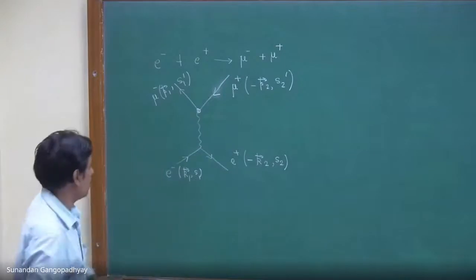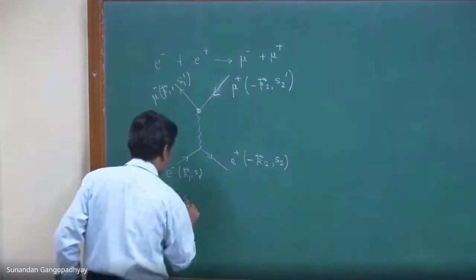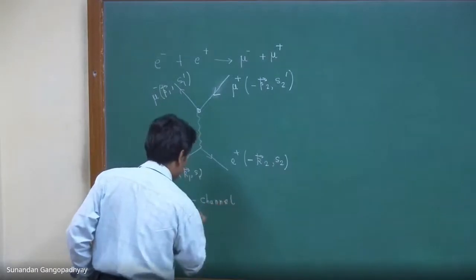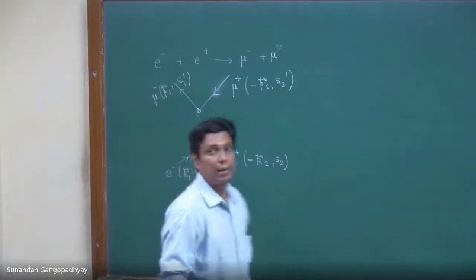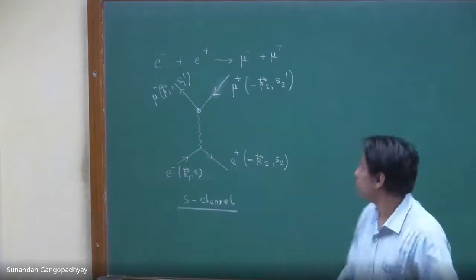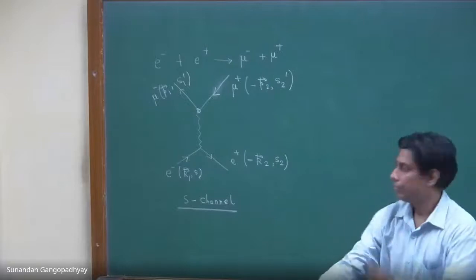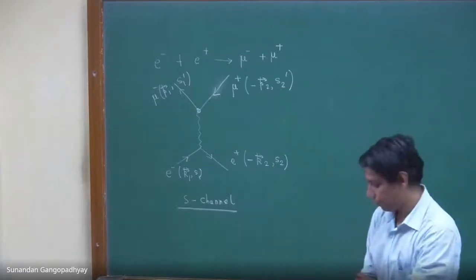Okay, so at the lowest order in perturbation theory, this is the only Feynman diagram which contributes to the scattering cross section of this process. There are no other diagrams.